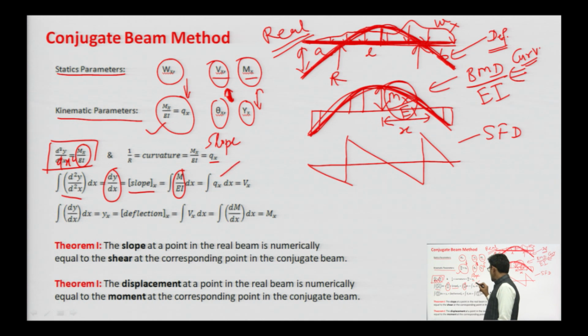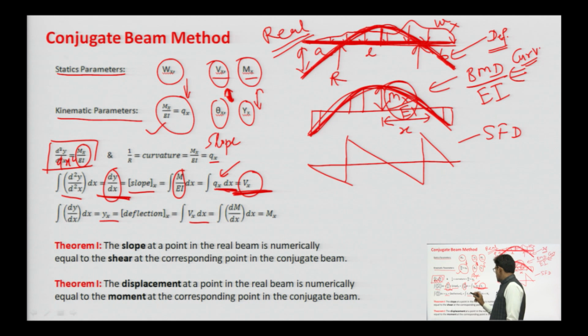If qx is treated as loading, then this integral will be the shear force. Similarly, if we integrate this again, we will get the displacement, so integration of shear force into dx.